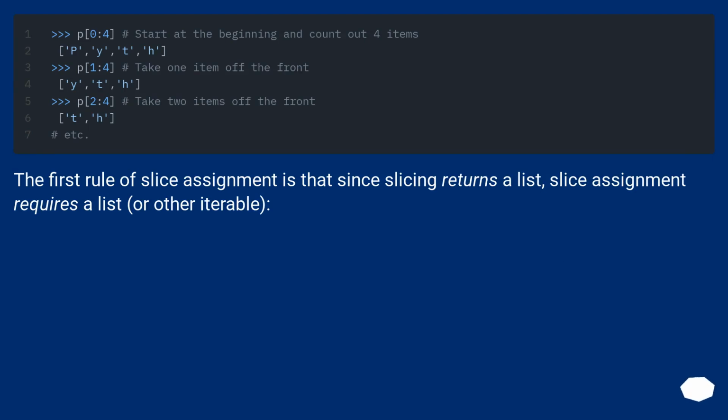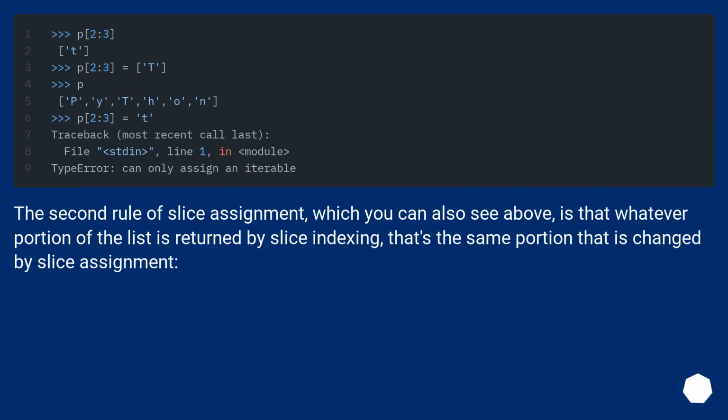The first rule of slice assignment is that since slicing returns a list, slice assignment requires a list, or other iterable. The second rule of slice assignment, which you can also see above, is that whatever portion of the list is returned by slice indexing, that's the same portion that is changed by slice assignment.